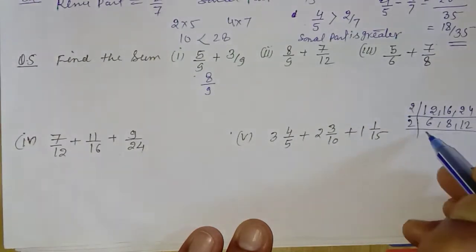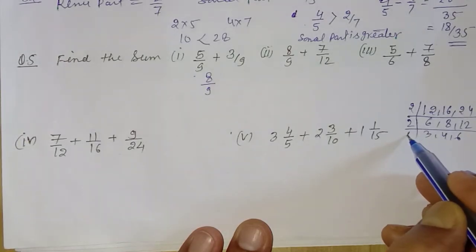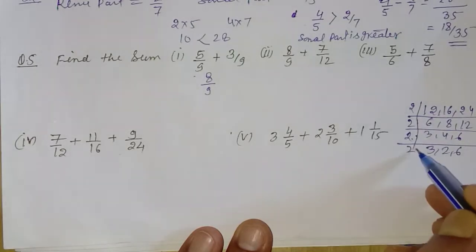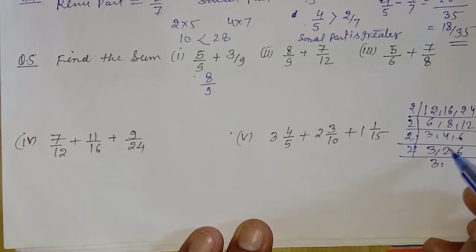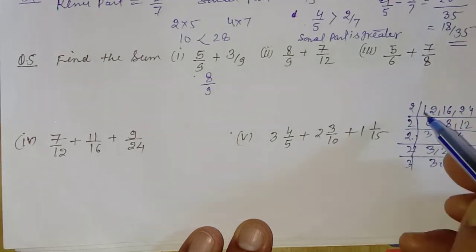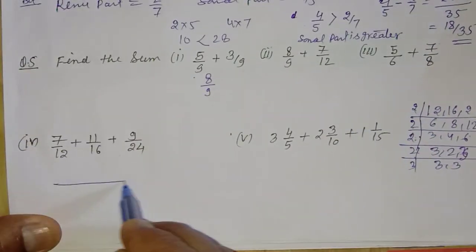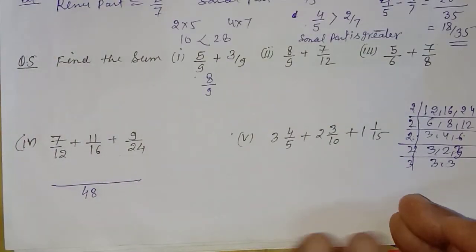Now divided by 2: 3, 4, 6. Divided by 2: 3, 2, 3. Divided by 2: 3, 1, 3. Now 3. So 2, so students, 48. LCM is 48.